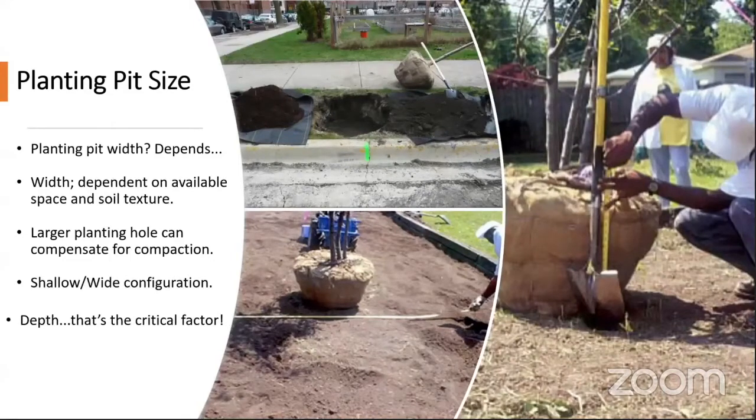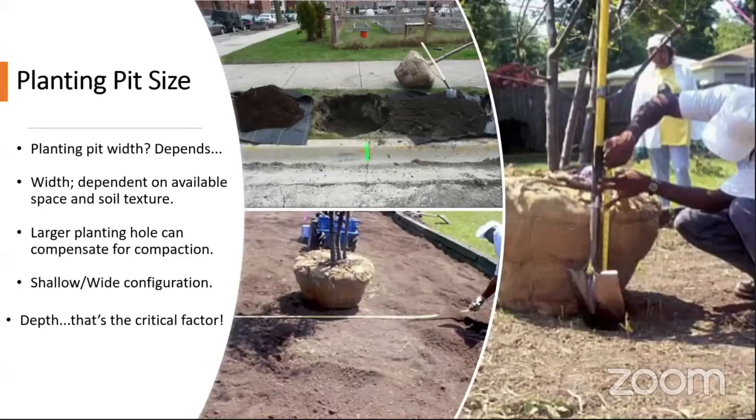We often just don't have that. So really, planting width depends on that available space and soil texture, and oftentimes the planting pit is only as wide as the situation or the space allows. So if you can get at least 6 inches to a foot wider than the actual ball, typically you will have a successful tree planting.